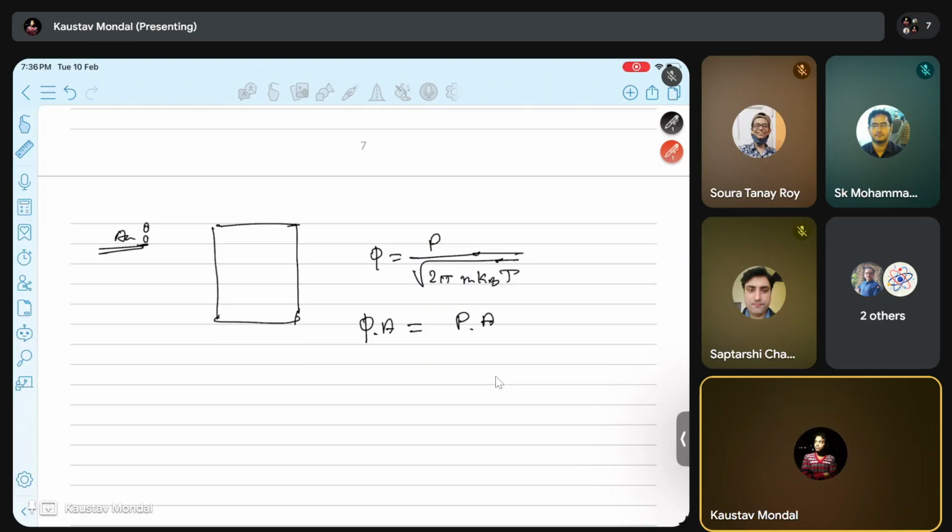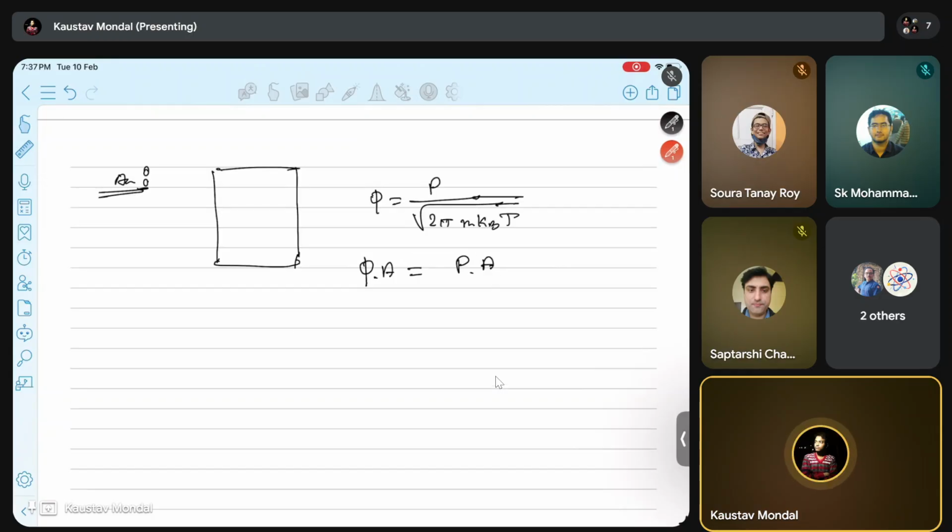Phi is the flux, and to calculate the rate of change of mass, dm by dt, we multiply the mass of the particle by phi into A. Phi into A gives the rate of particles, and with mass, this gives dm by dt.